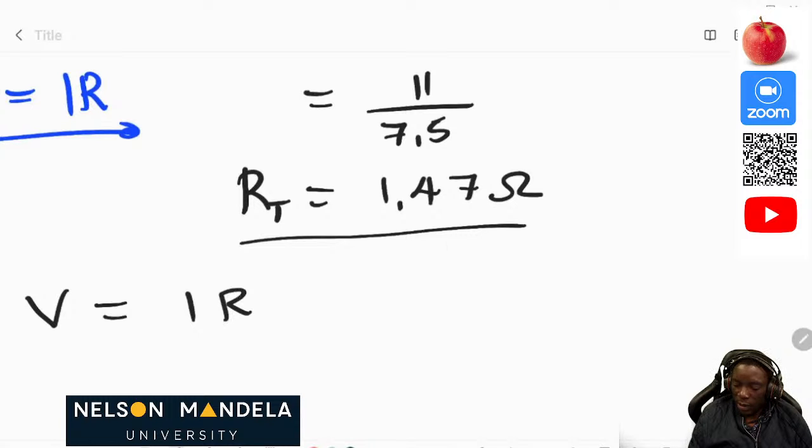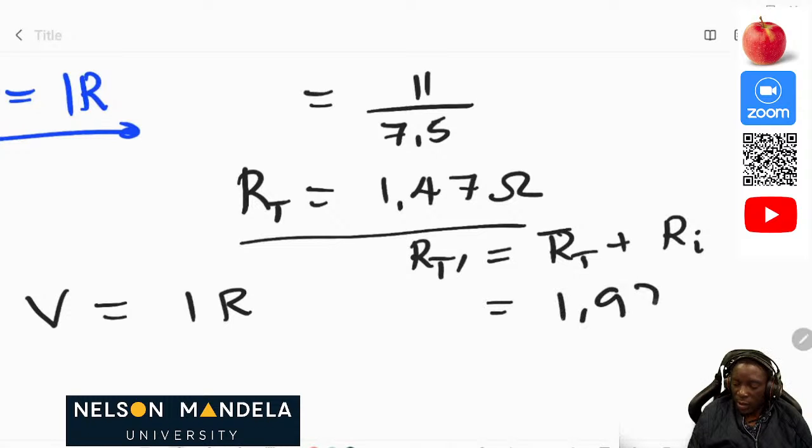Which means effectively, the total resistance, including the internal resistance, will be RT plus the internal resistance, let's call it RI. So that's 1.47 plus 0.5, that gives us 1.97 ohms.